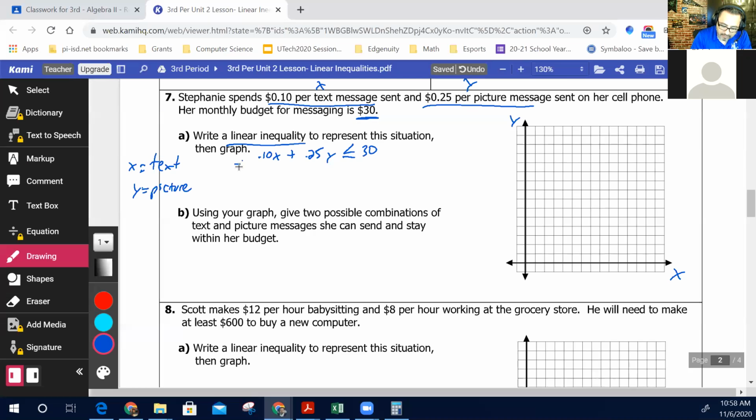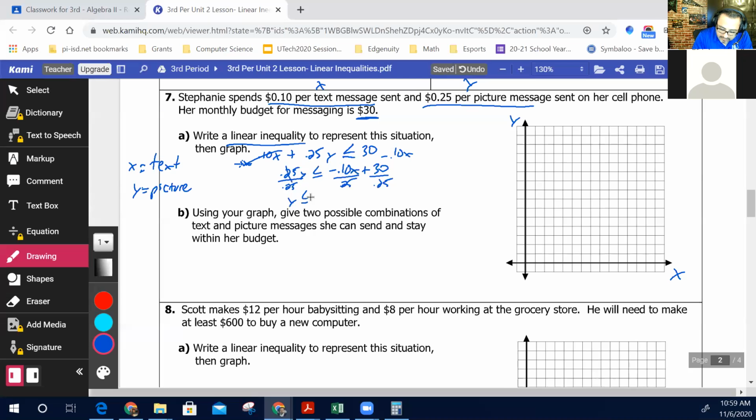All right, so let's subtract the 0.10x from both sides. So we get 0.25y is less than or equal to negative 0.10x plus 30. Now we're solving for y, so let's divide by 0.25, divide by 0.25.